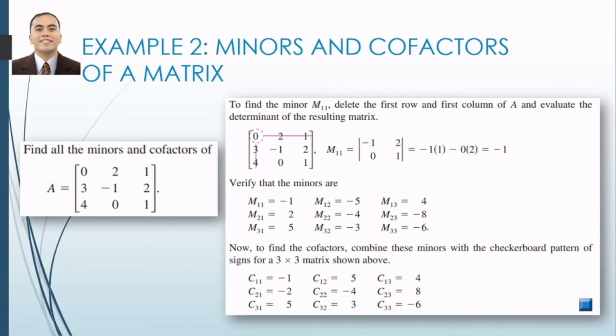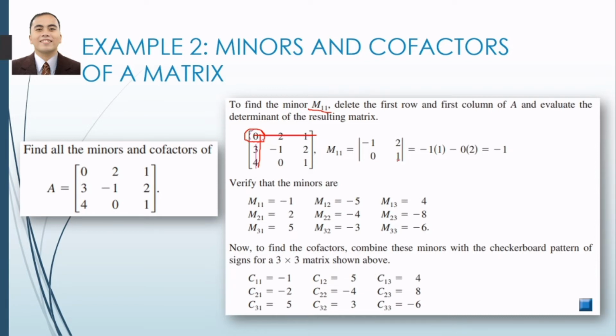So again, for the minor M sub 1,1, we have to delete the first row and first column. So the remaining values would be negative 1, positive 2, 0, and 1.